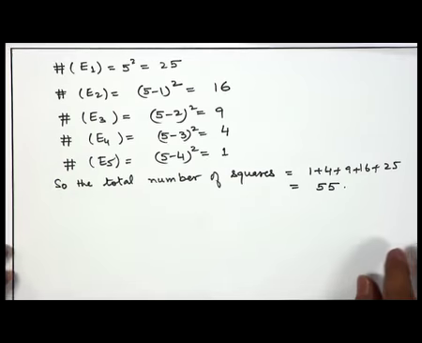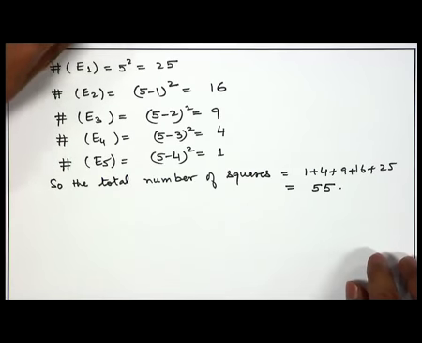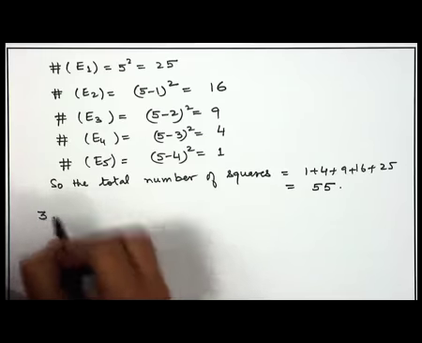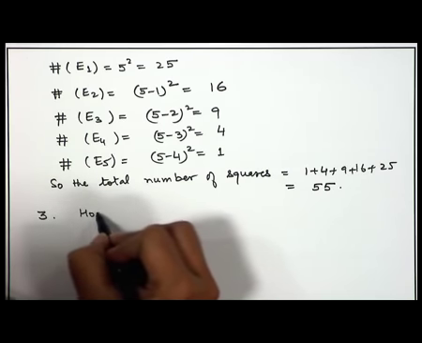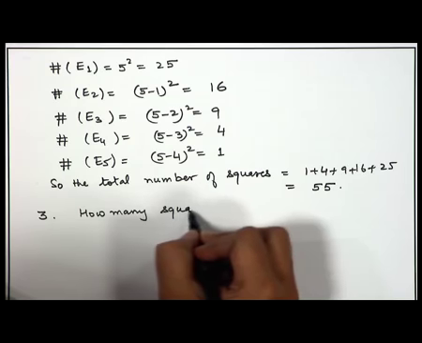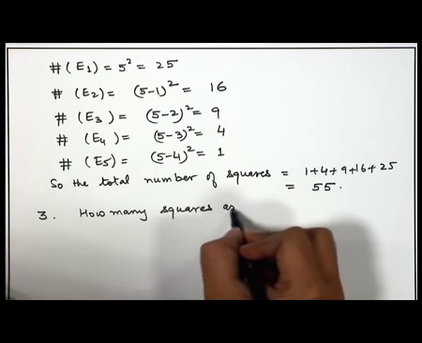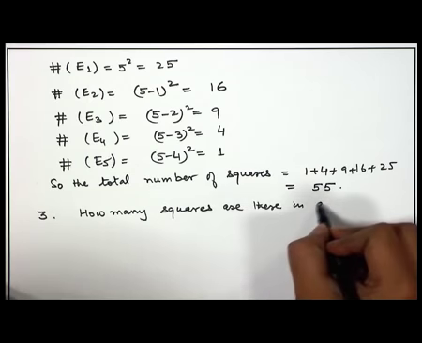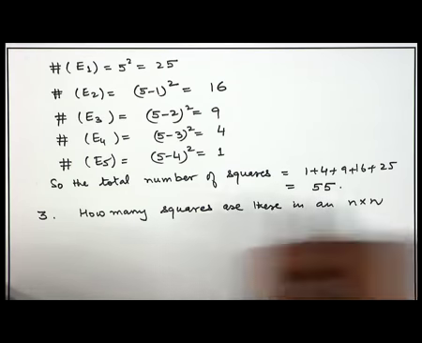Let us generalize this. Like in a chessboard you have 8 by 8 squares. In general, if I consider an n by n array, then how many such squared cells will be there? How many squares are there in an n by n array?